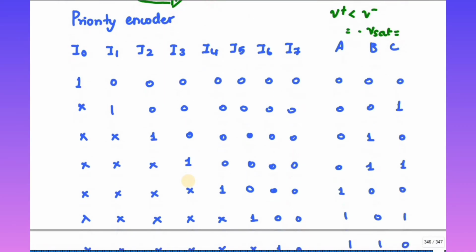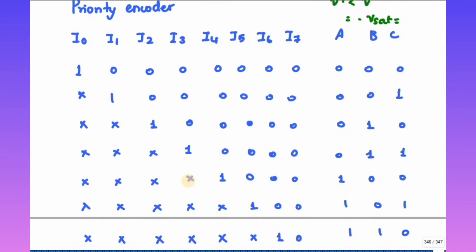This is the truth table of the priority encoder. Whenever I0 is 1, you will get 000. Whenever I1 is 1, you will get 001. Whenever I2 is 1, we don't need to consider what happens to I0 or I1. Even if I0 is 0, if I2 is 1, you will get the output as 010.